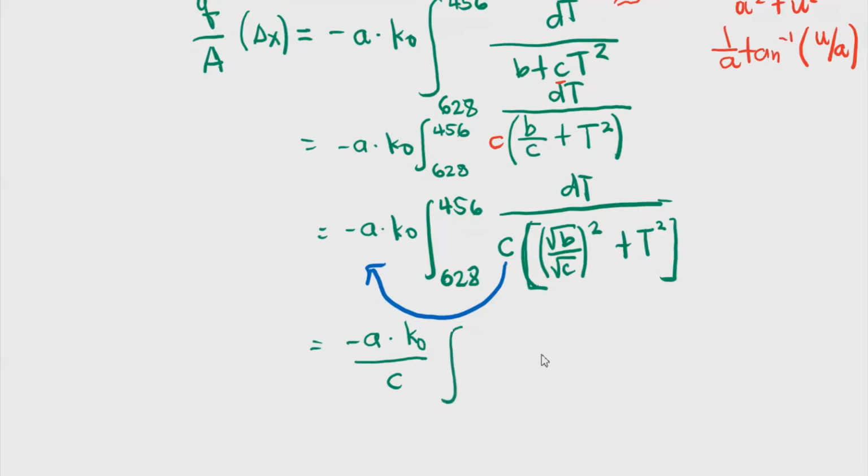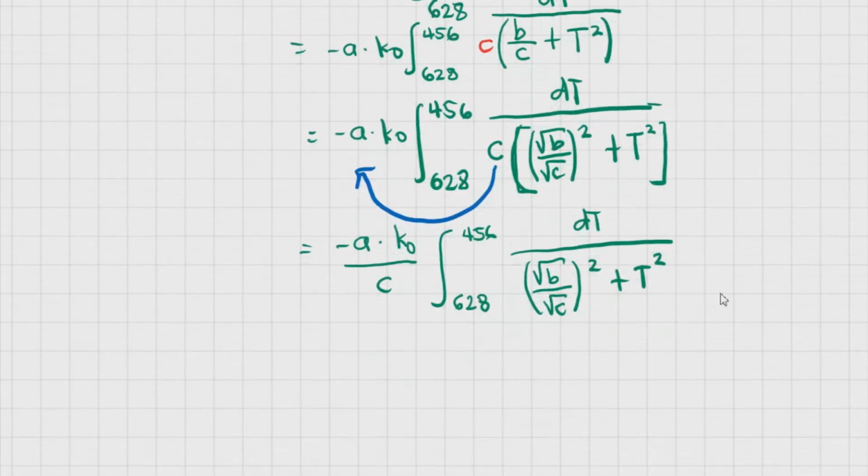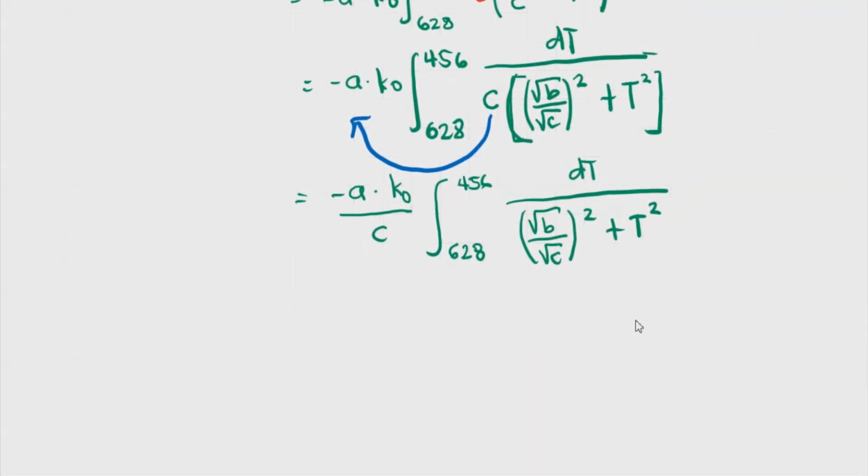So, the integral from t1 to t2, and then dt divided by the square root of b over the square root of c squared plus t squared. You can also rewrite this as square root of b over c, then square root, no? Ng buong rational expression na yan. Okay, so with that, we can now integrate this portion.